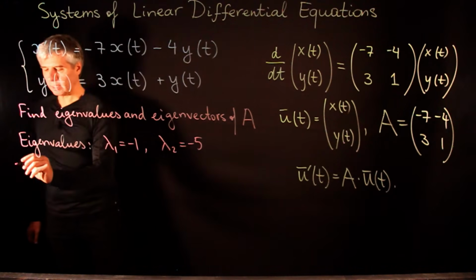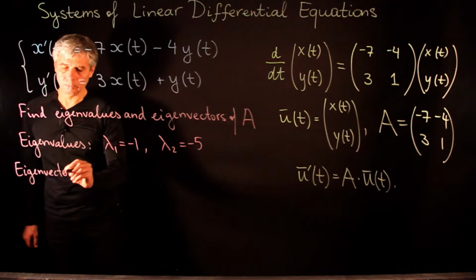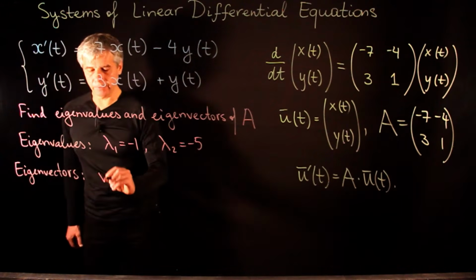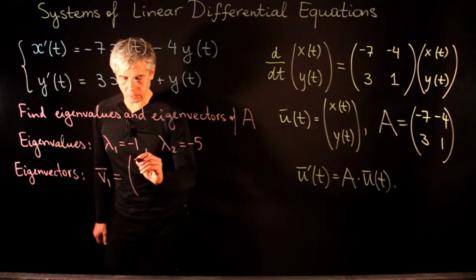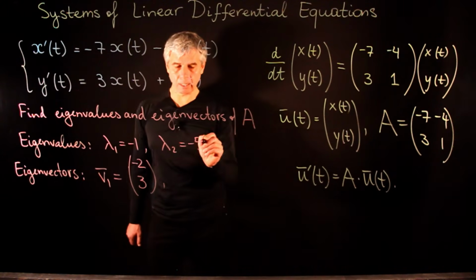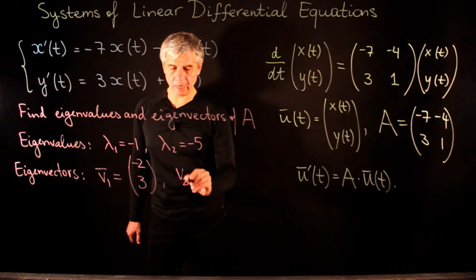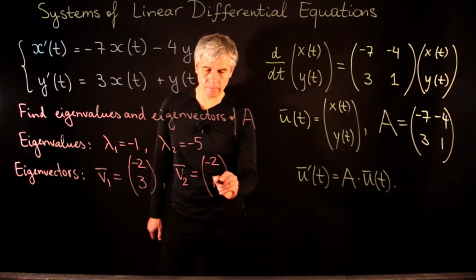And the corresponding eigenvectors are v1 equal to negative 2, 3, and for the minus 5 eigenvalue, the eigenvector v2 is negative 2, 1.